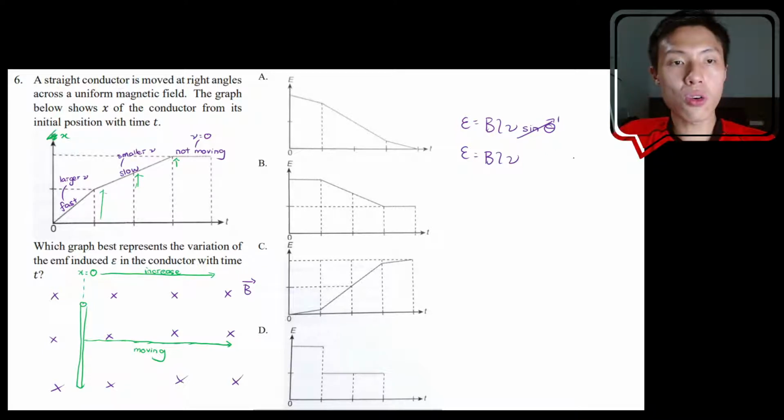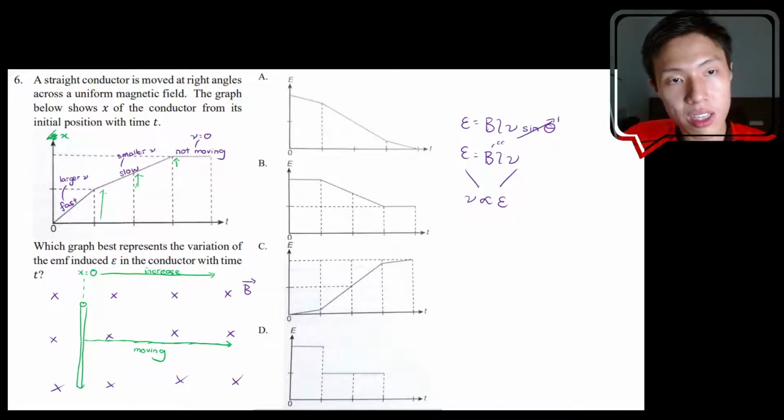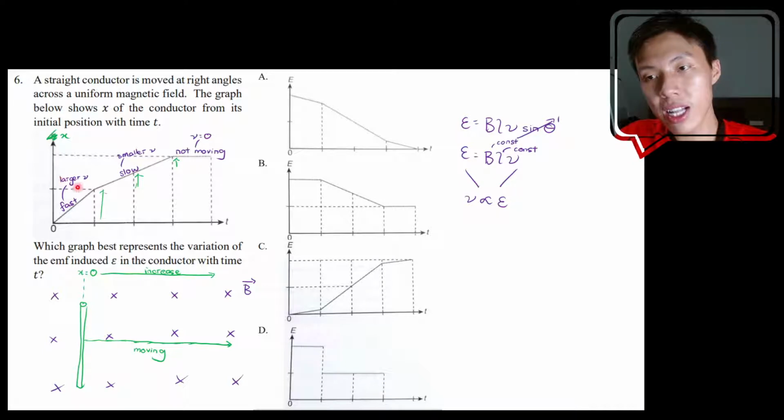From this relationship here, we can see that V will be proportional to our epsilon. Our B here is constant, and the length of our rod is also constant. That's why we know that the speed of the rod moving will be directly proportional to the EMF. So if we see a larger V, then you should see a larger EMF.